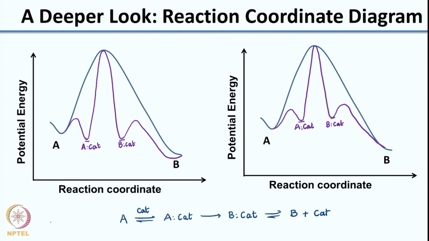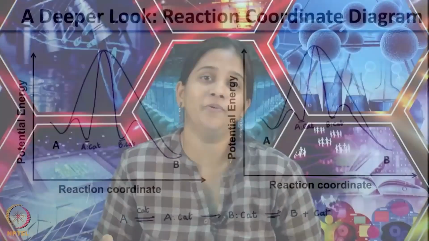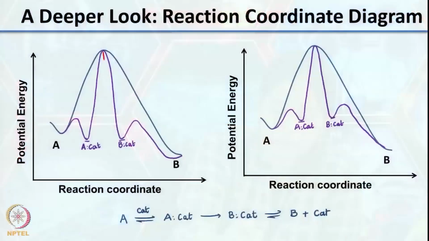So, let us see if you were able to understand this reaction coordinate diagram. Now, what is happening is, you have the activation energy for the process given by E act. So, this is the activation energy in the presence of catalyst. I will show it in both the cases.